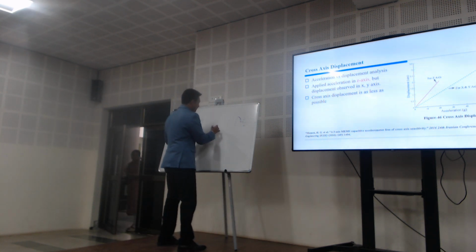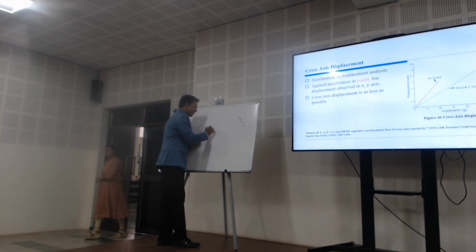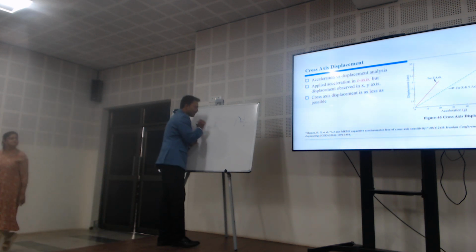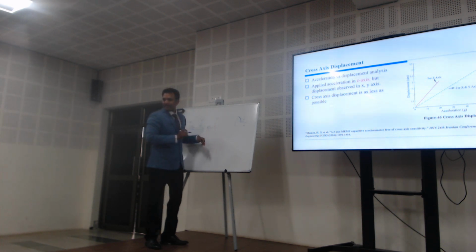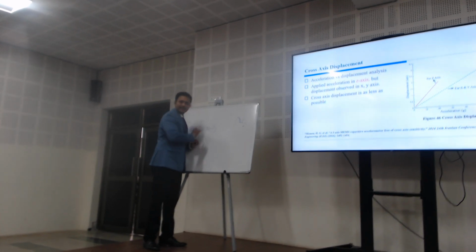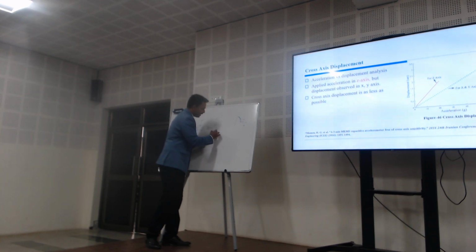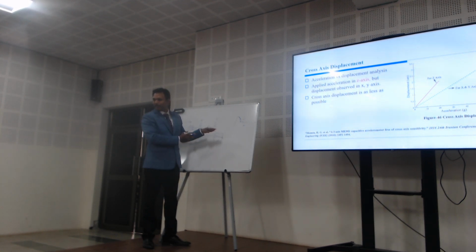Meaning here my sensor, this is fixed in nature. I am applying force here. It is bending in this direction, then whatever capacitance change is there will come in this direction only.